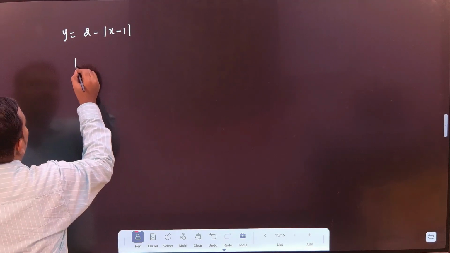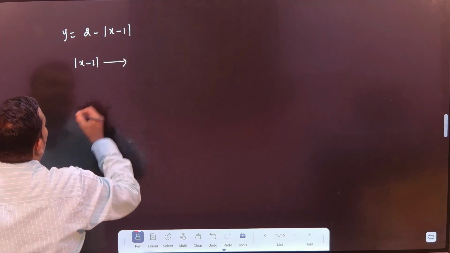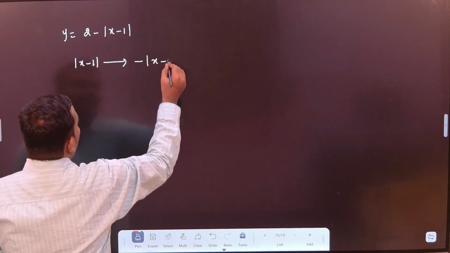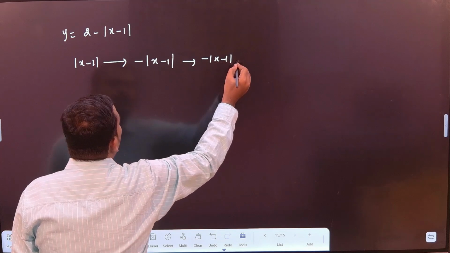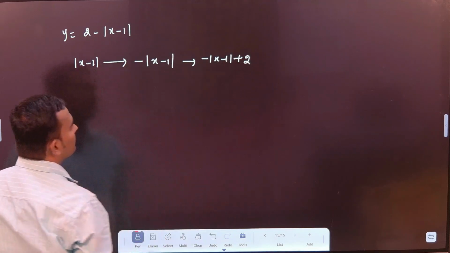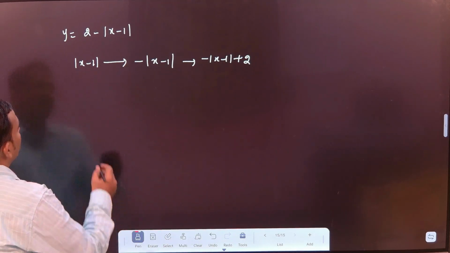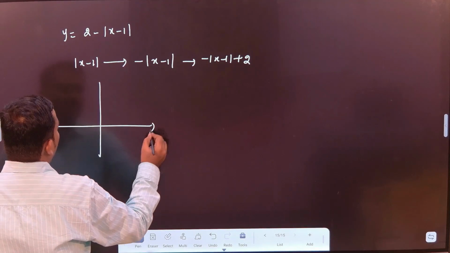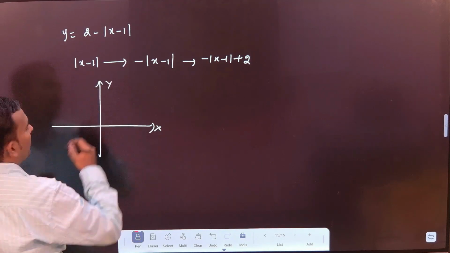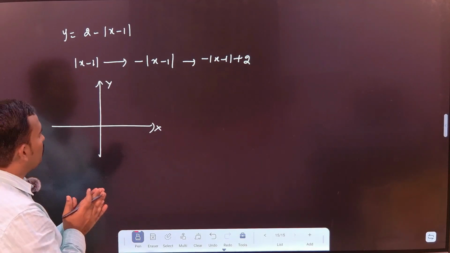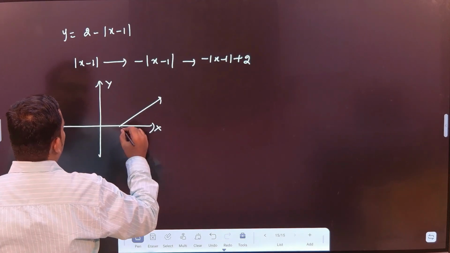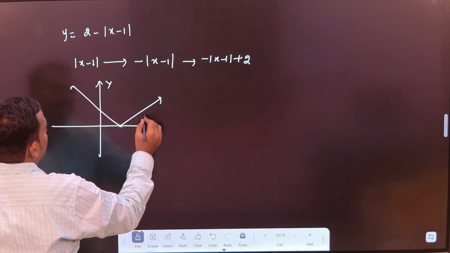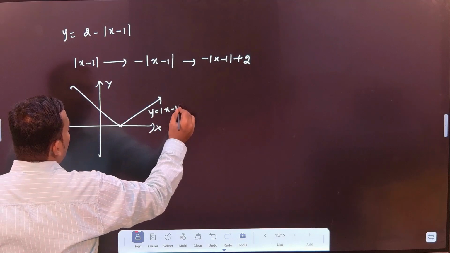First you can draw mod x minus 1, and then minus mod x minus 1, and then you can draw minus mod x minus 1 plus 2 graph. Okay. First step is mod x minus 1, which means you have to shift the graph 1 unit right. Y is equal to mod x minus 1.